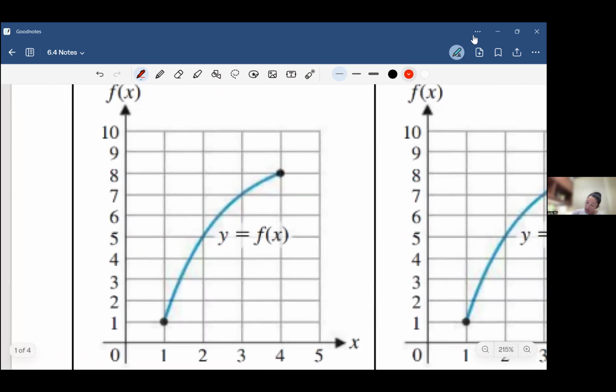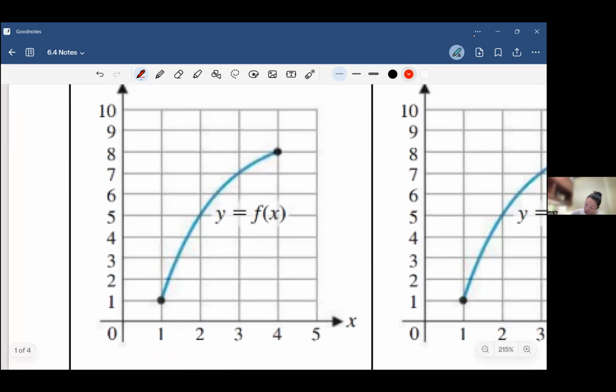And if I were to cut this space into 3 rectangles, let me make these lines a little thicker, 3 rectangles, and for each rectangle, I started from the left-hand side, so these 3 y values.